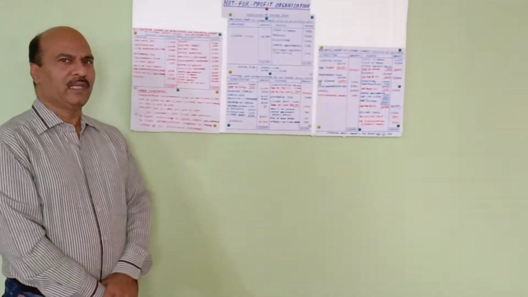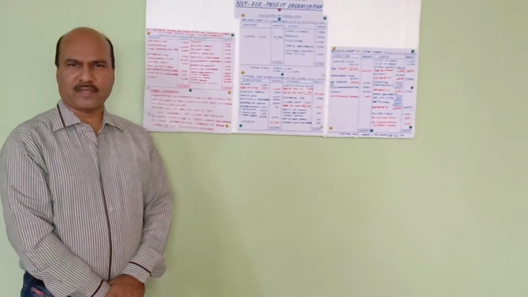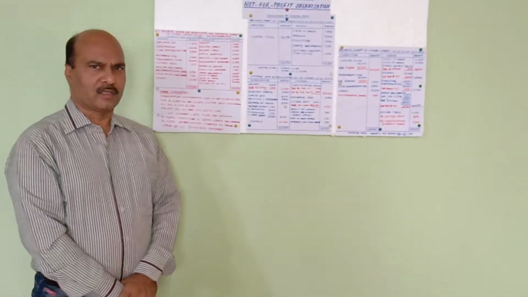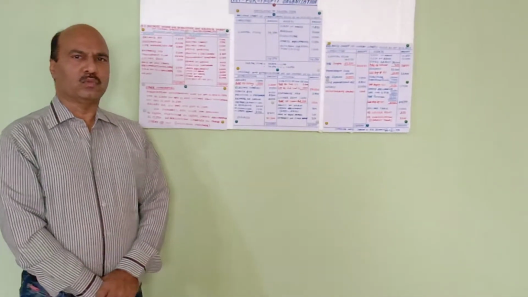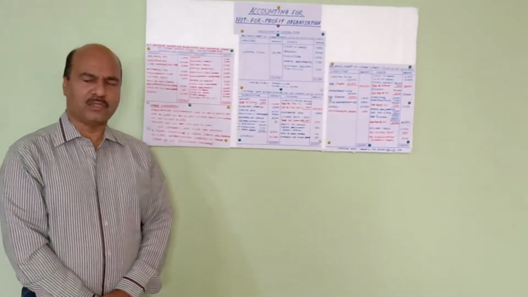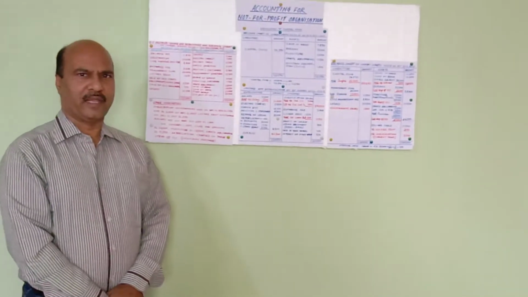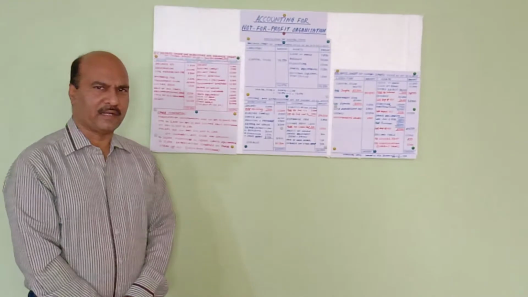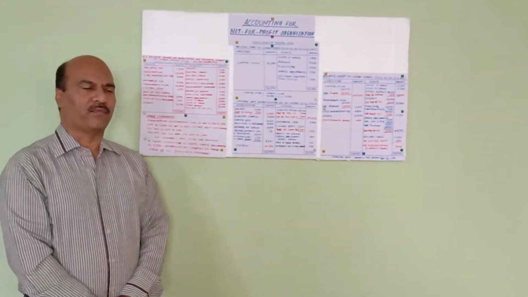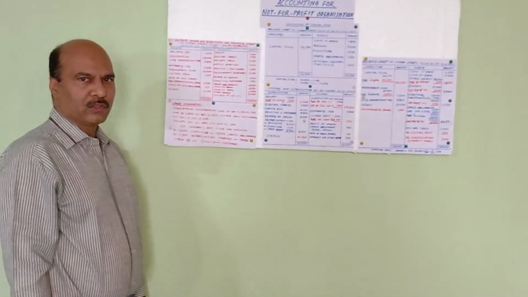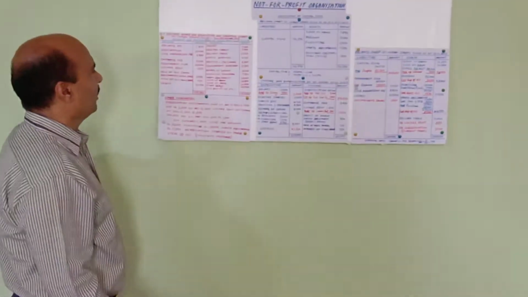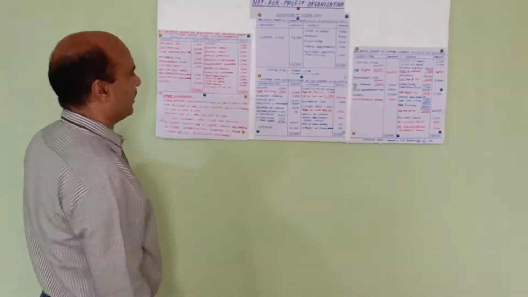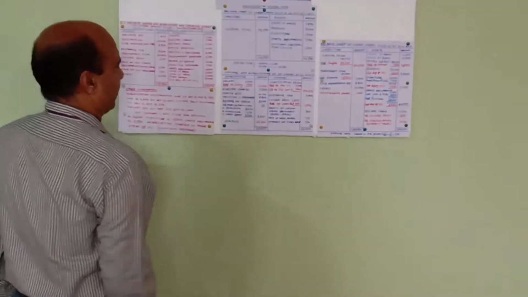For example, in this case 2,200 was the cost of the asset, and it was sold for 2,500. So 300 will be the profit. The profit of 300 will be taken to the credit side of the income and expenditure account.